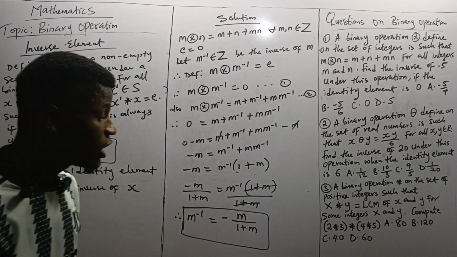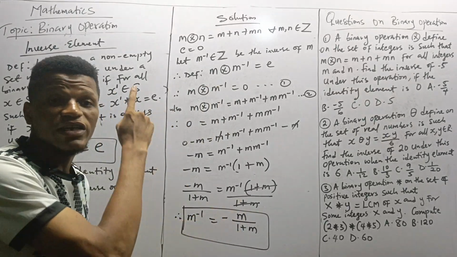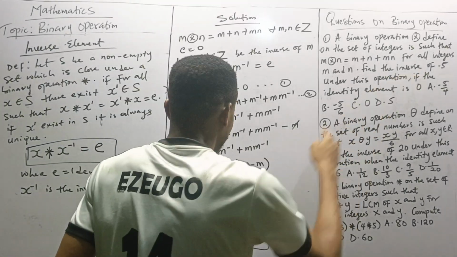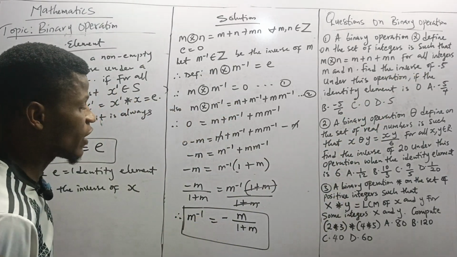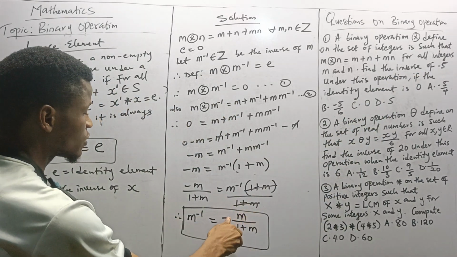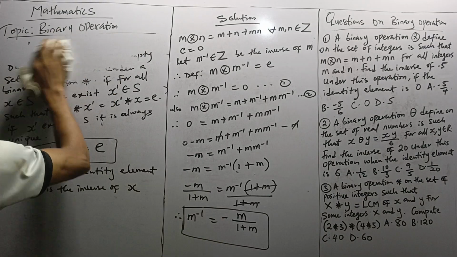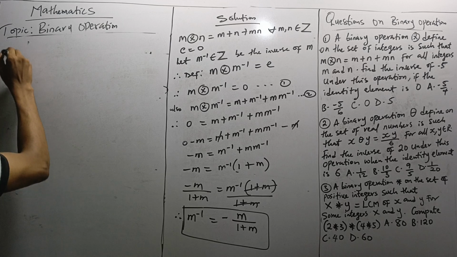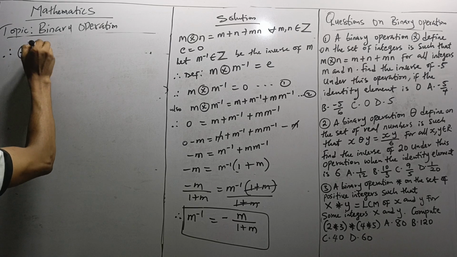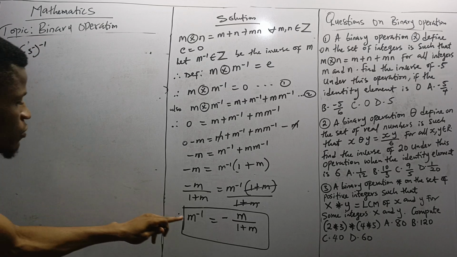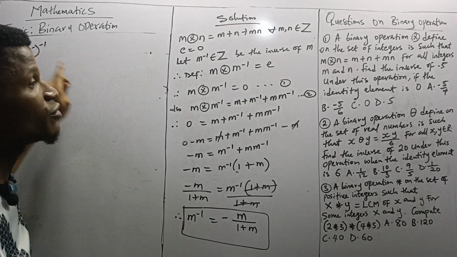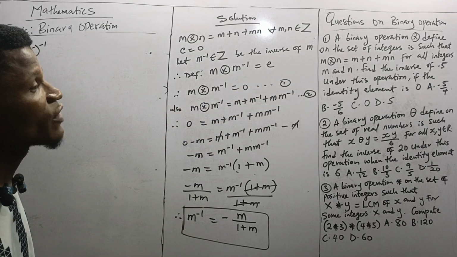Now remember that this is the general definition of the inverse element under this operation. So we find the inverse of negative 5, and the inverse of negative 5 is going to look like this. So negative 5 inverse: we are now calling our M, our M is now becoming negative 5, because we are asked to find the inverse of negative 5.